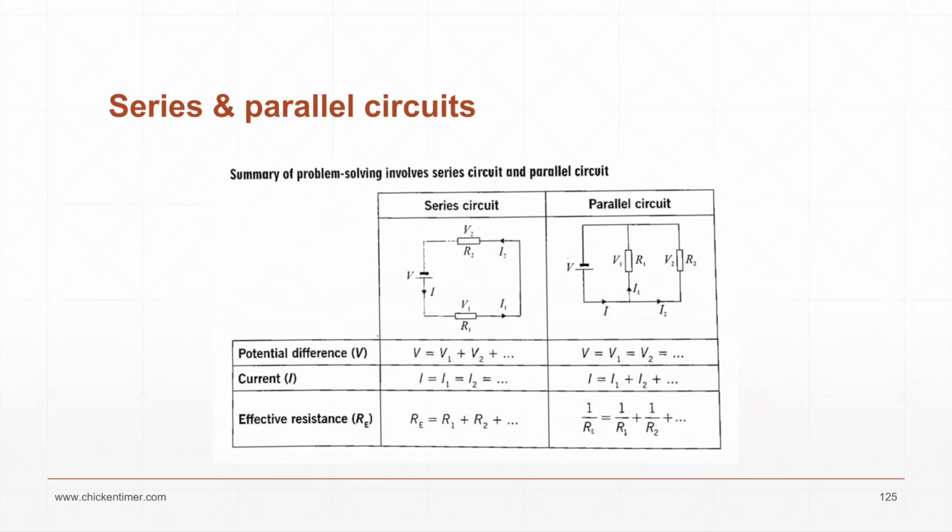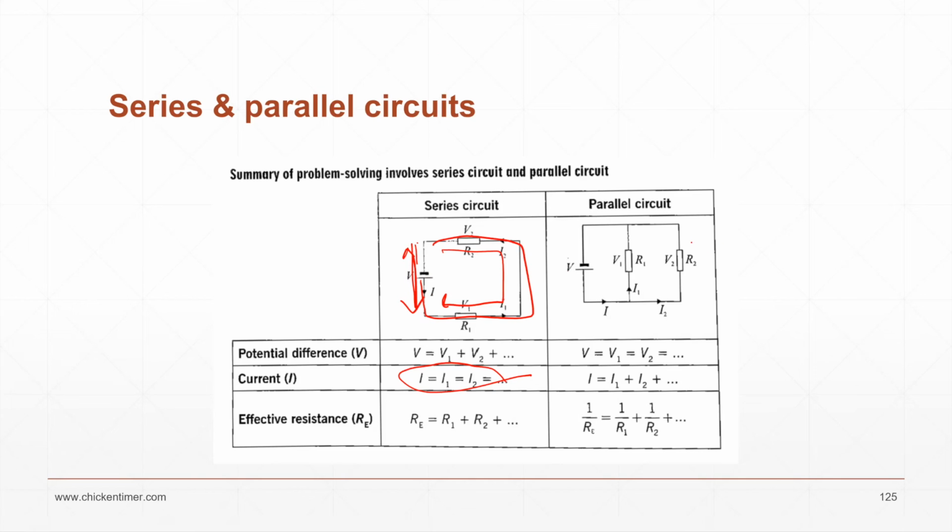After your WA, I will go through the calculation questions again. Current flows in one loop here, so current is always the same in series. Then the effective resistance, you already know what it is.